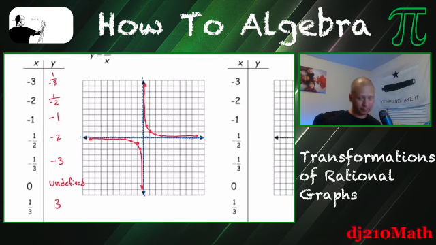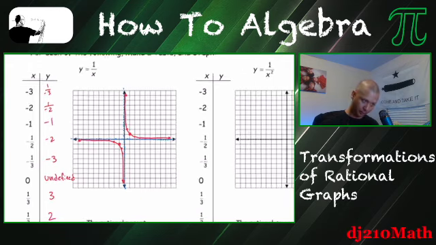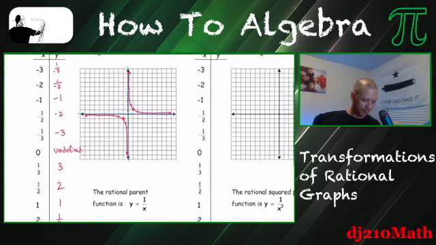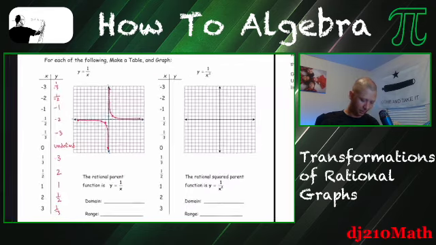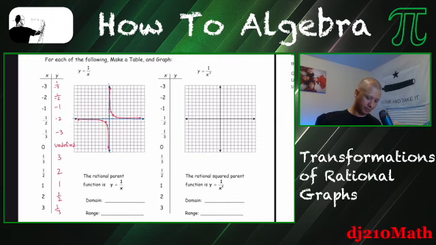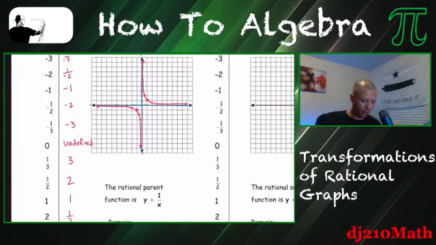Now, remember I said there's other variations of this graph. There may be multiple asymptotes, right? But for the most part, the most basic one, this one that we're talking about, it has an asymptote at x equals 0 and y equals 0.